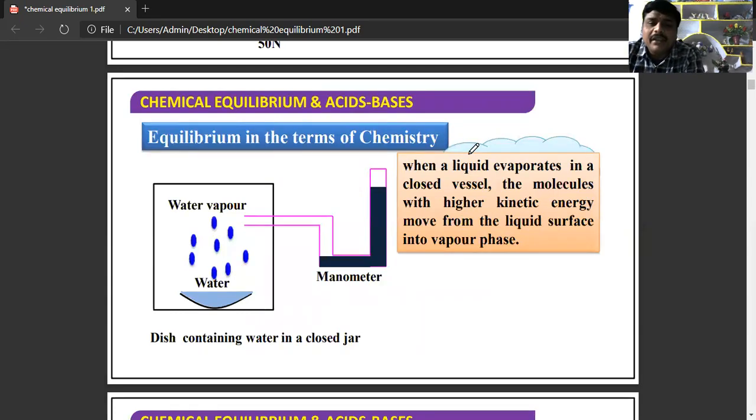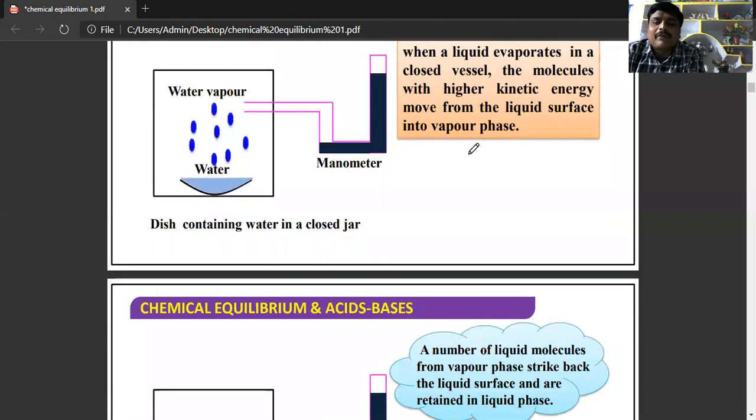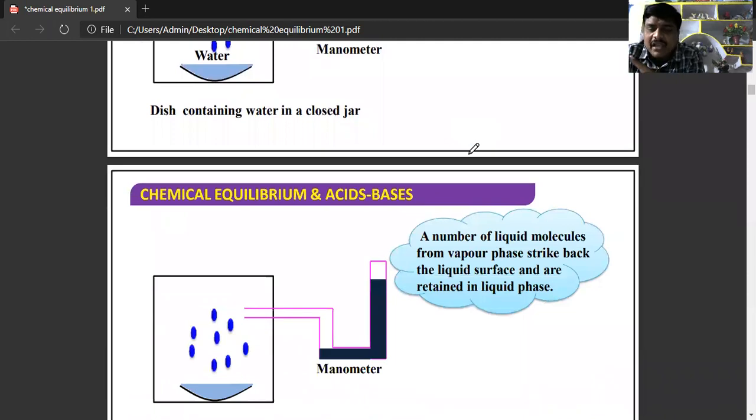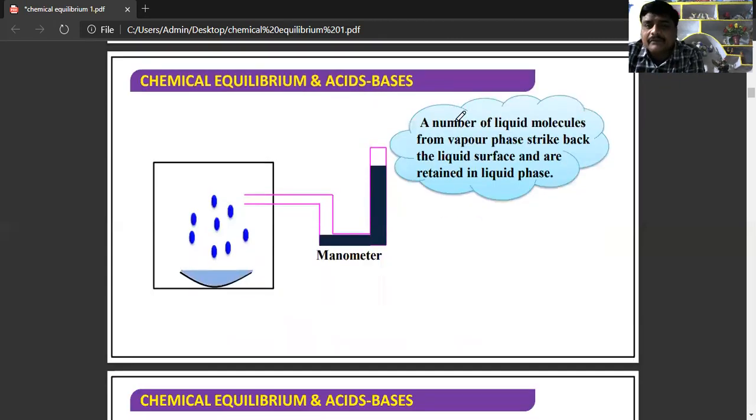So equilibrium in terms of chemistry. When a liquid evaporates in a closed vessel, what happens? The molecules having higher kinetic energy move from the liquid surface to the vapor phase. And again, since we are conducting this in a closed vessel, the vapor molecules strike back to the liquid surface.